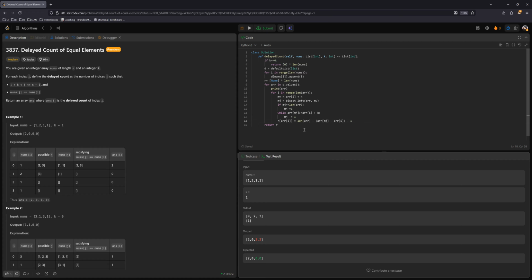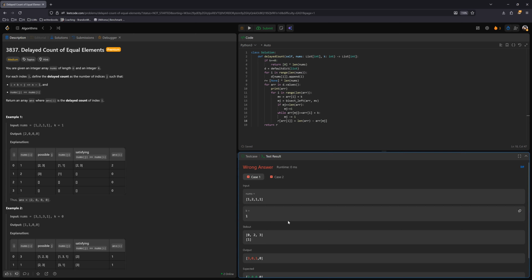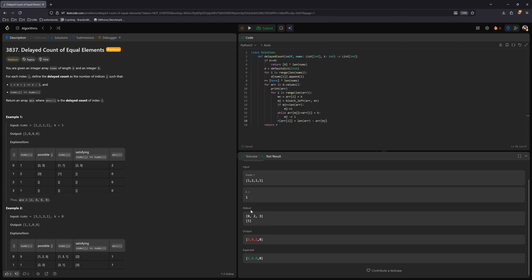Yeah, J has to be big enough. It has to be big enough.